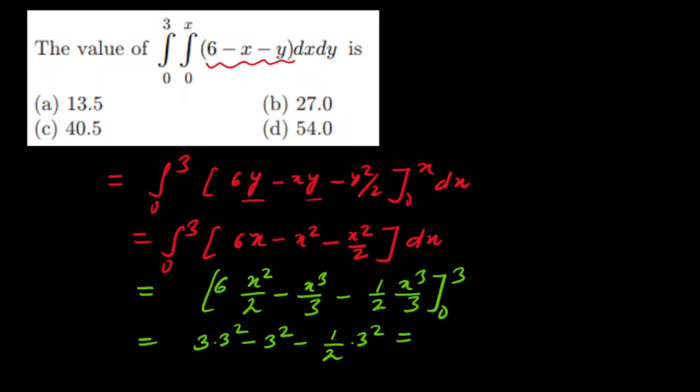So how much is that? 9 into 3 is 27, minus 9, minus 9 by 2, so 18 minus 9 by 2, so 18 minus 4.5, so that is 13.5. So the correct option here is A.